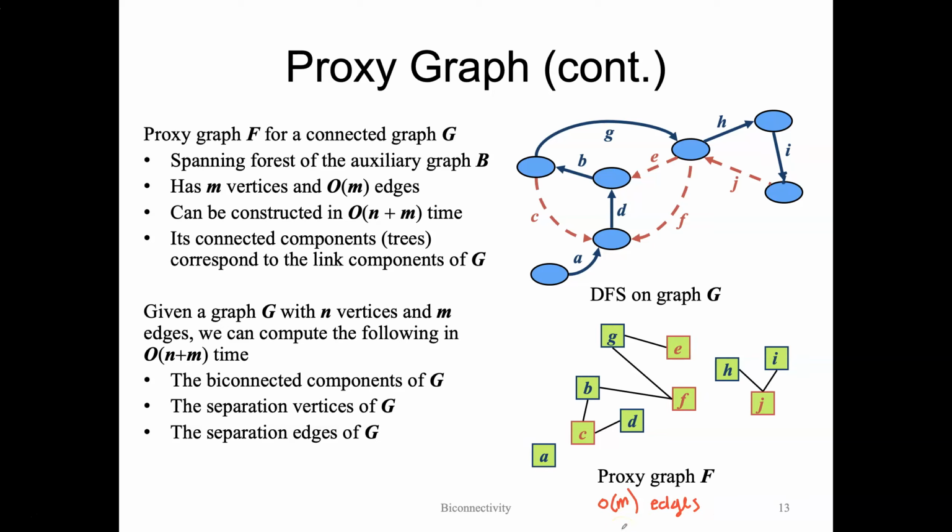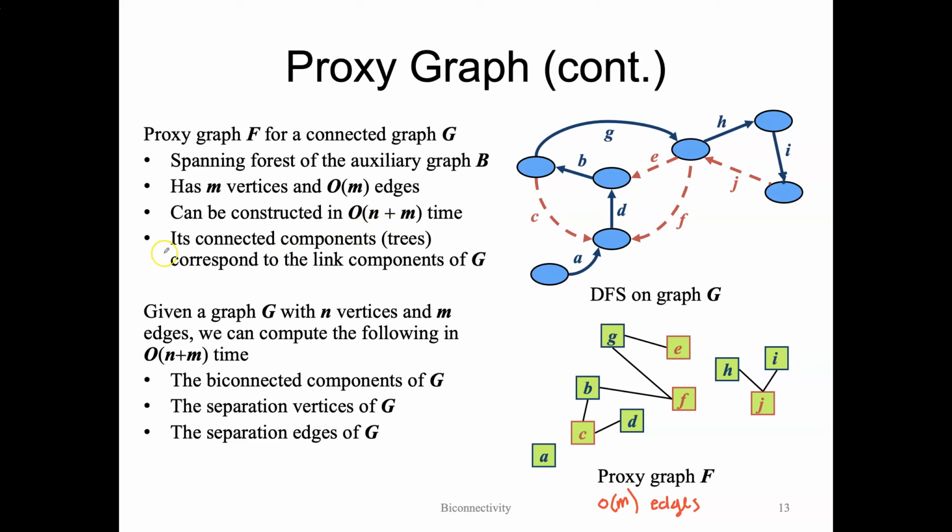Which means if you go back to the first slide here, the bottleneck to our algorithm to compute biconnected components was based on how many edges were in our proxy graph. So that means now we can construct this proxy graph in n plus m time.